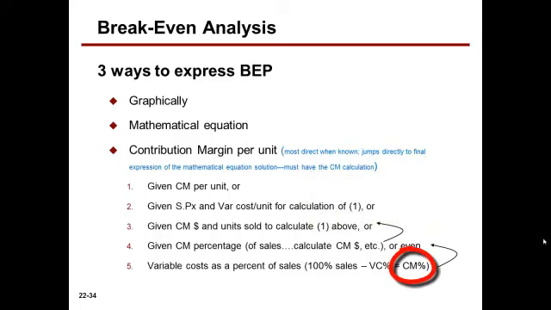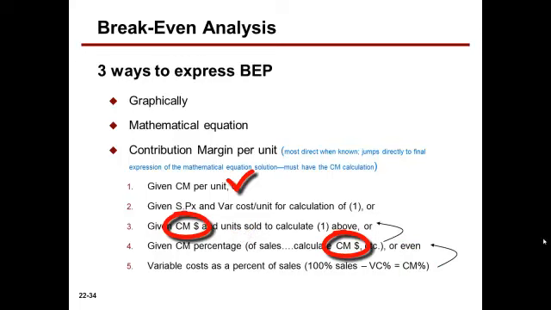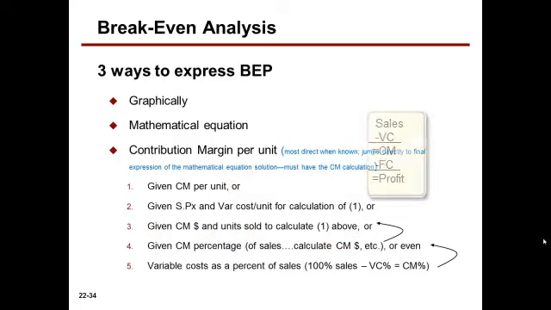Once the contribution margin percent is known, which is number 4, that's converted into contribution margin dollars, which is number 3 above, which can be converted into contribution dollars per unit using sales units. All the variations are related because they're all based on the CVP income statement we started with. Sales minus variable cost equals contribution margin, less fixed cost equals net income, bottom line profit.